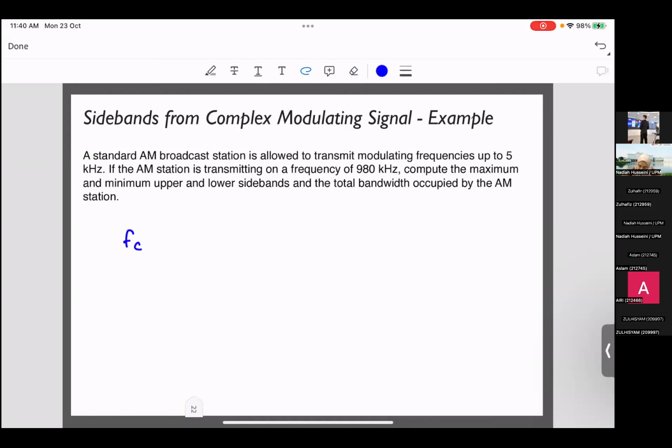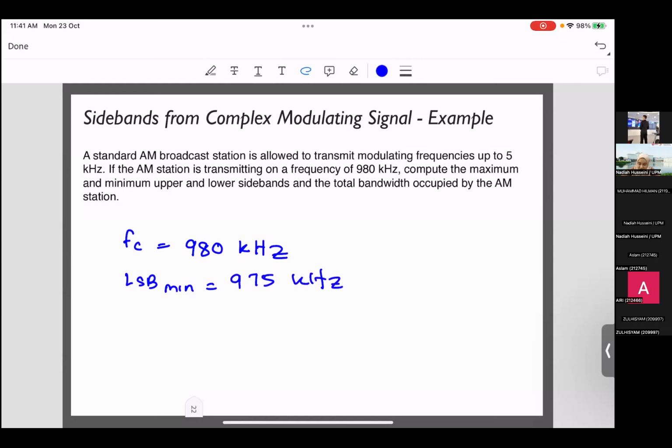Hilman, are you there? Yes. What is the minimum modulating frequency? 975 kilohertz, sorry, minimum 975 kilohertz. Okay, so minimum is lower sideband, 975.